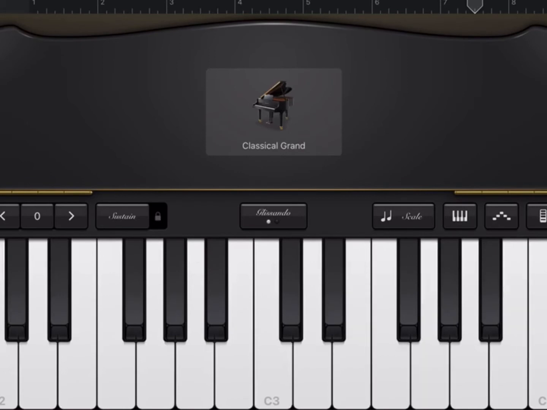And now it's the G minor triad. Where's the second note? C minor triad. And A flat minor triad.